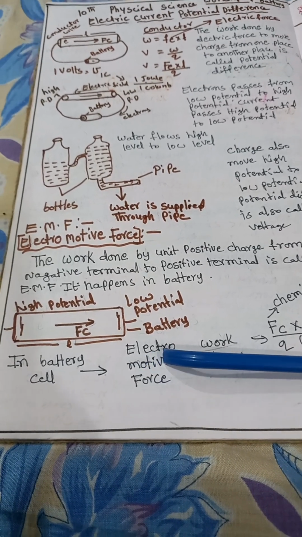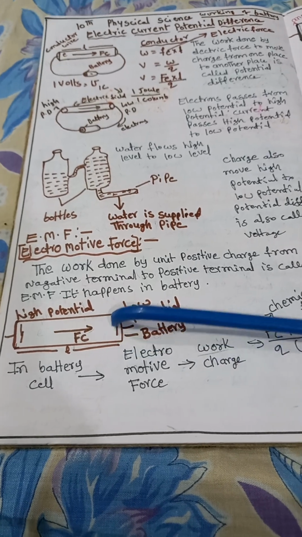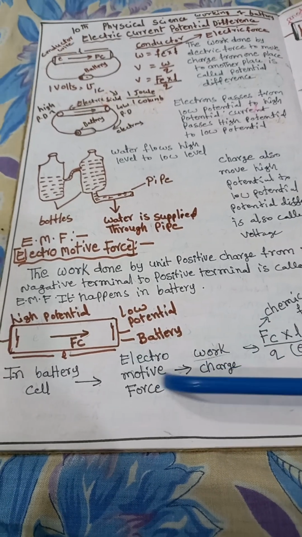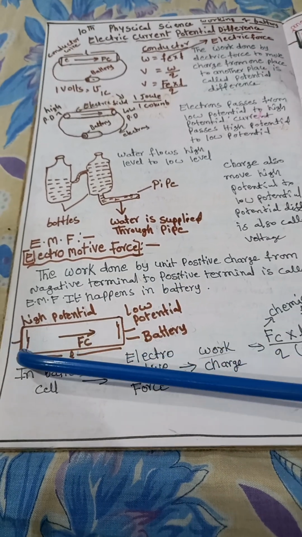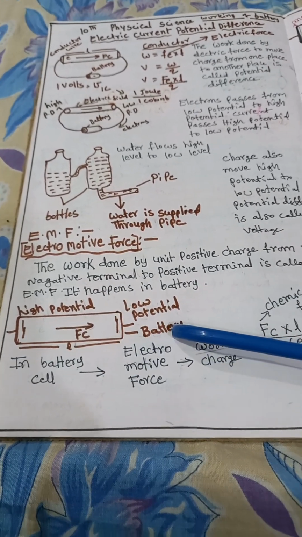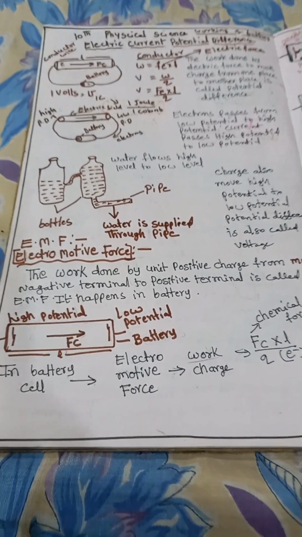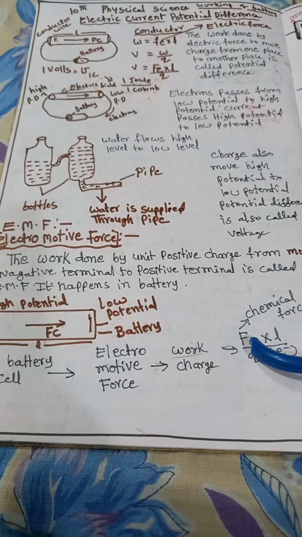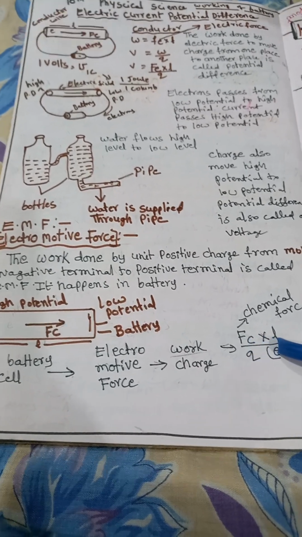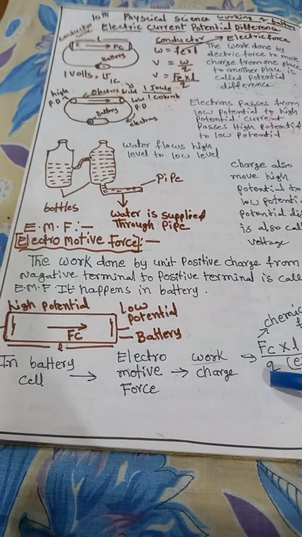is created, so that it does work on the unit charge to move it from one end to another. And the principle of electromotive force is Fc into L by Q, where Fc means chemical force, L means distance, and Q means a unit charge.